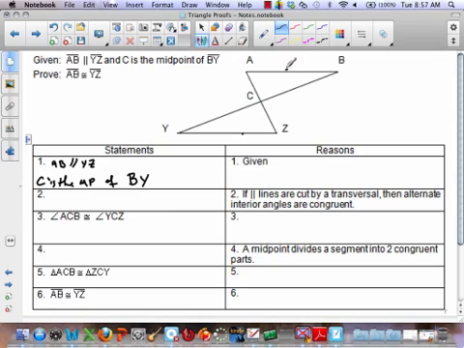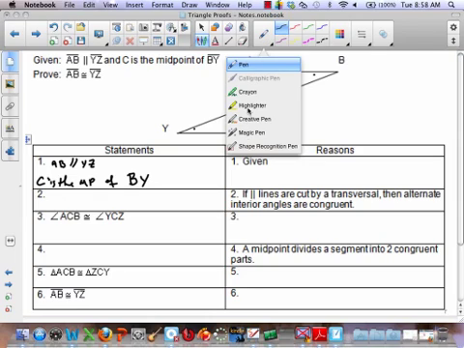So, we're told that AB is parallel to YZ. What does that tell you about angle B and angle Y? That they are congruent. Isn't it because of vertical angles? Well, we do have vertical angles, but it's not for angle B and angle Y. Remember we talked about parallels and transversals?